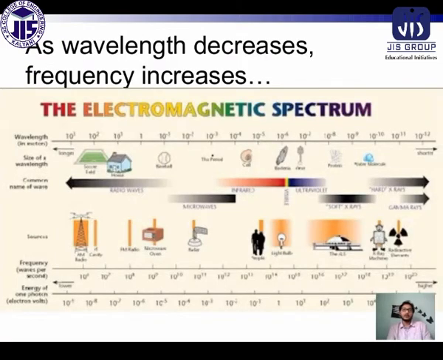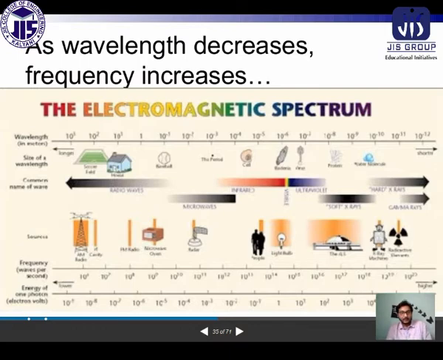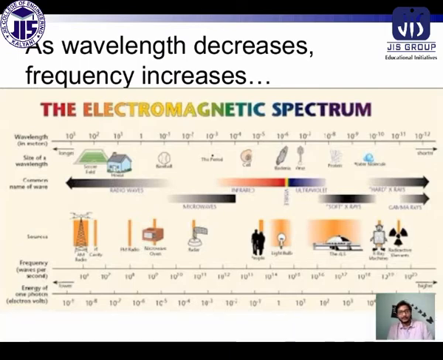If we look at this picture carefully, it shows the electromagnetic spectrum with different wavelengths, given in meters: 10 to the power minus 1, minus 2, minus 3, and on the left side 10 to the power minus 8, and on the right side 10 to the power minus 12, minus 13, minus 15, minus 16, and so on.